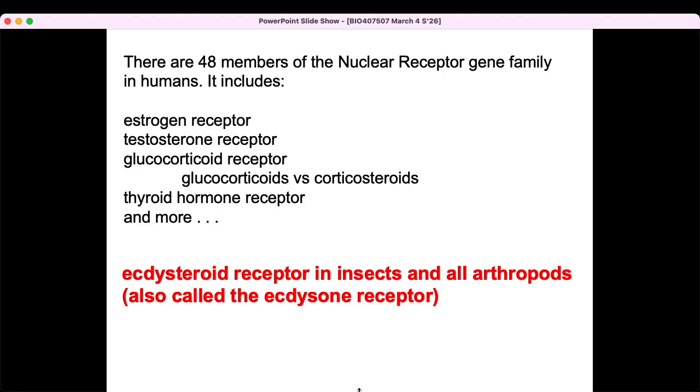All arthropods have a hormone called ecdysteroid or ecdysone, which is fairly synonymous, and there's a receptor for it that fits in. So it's very relevant for those organisms, but it also has broad relevance in understanding that nuclear receptor family in animals.